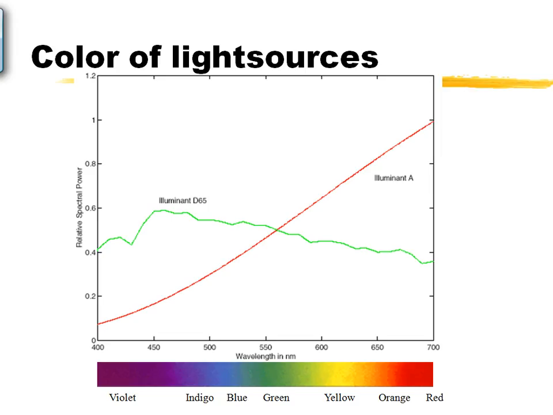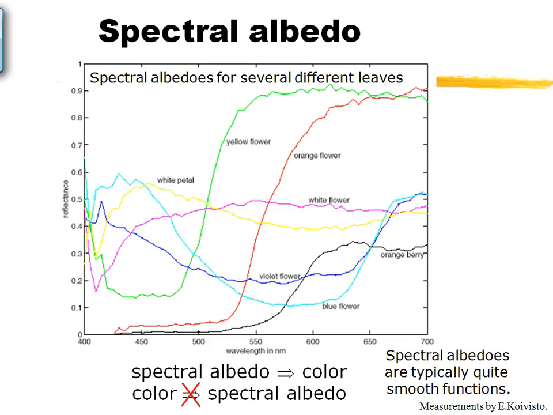How do I trace it back? One thing that we have talked about in the past is albedo, albedo as a property of the object. So now, in terms of color, we can talk about spectral albedos. What is the spectral albedo of an object?